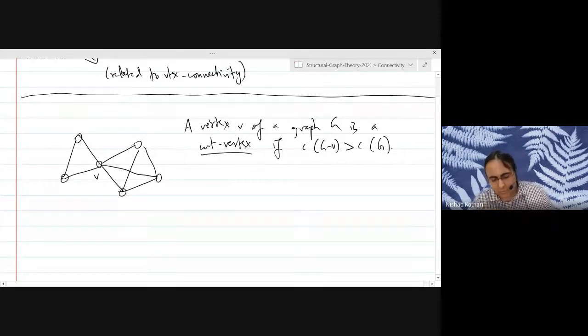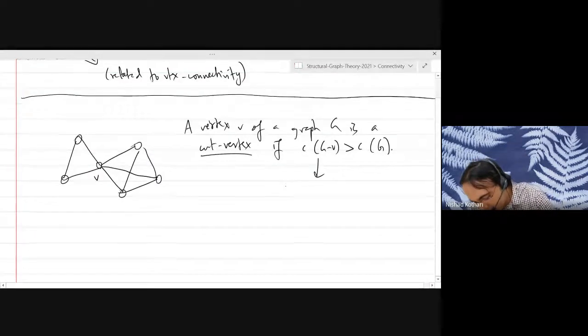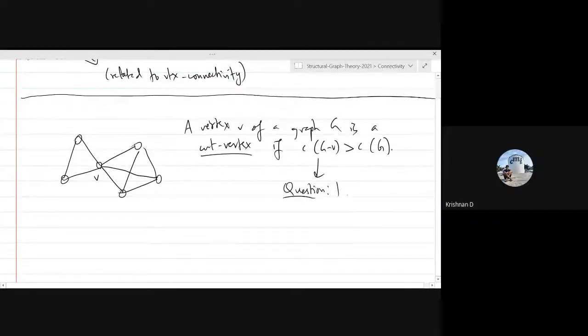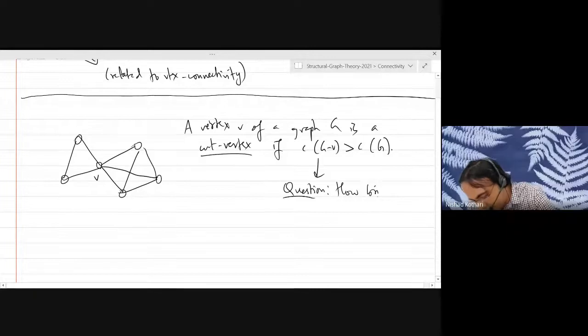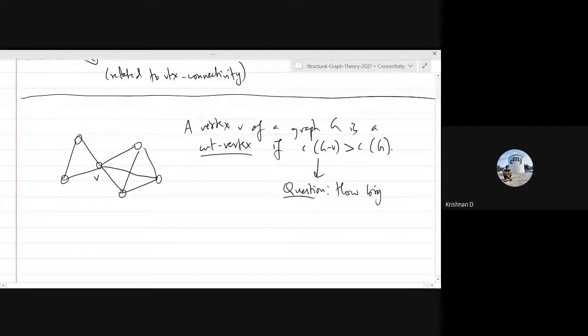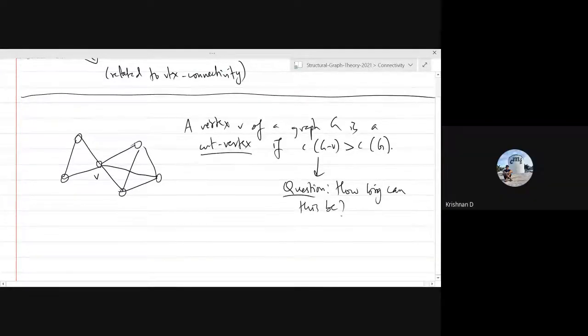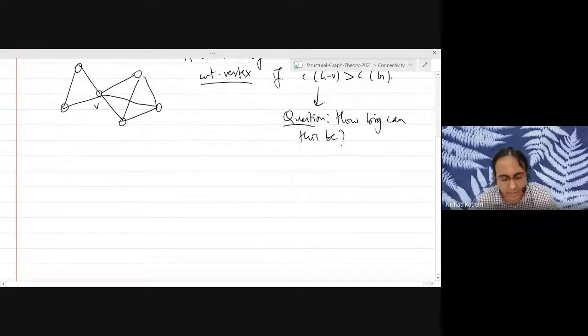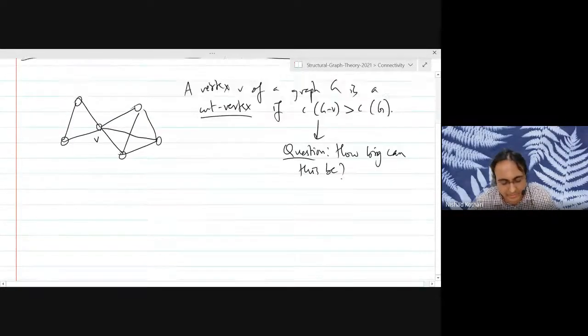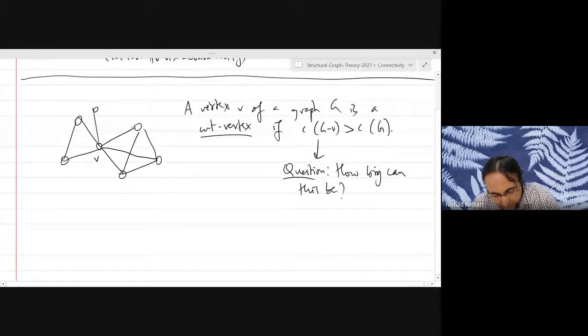How big can this quantity be? Degree of the vertex. Yeah, exactly. So you can't say here that you will get exactly 2 components because your graph could look like this. You could get 3 components. So unlike in the case of an edge, you can actually have arbitrarily many components upper bounded by the degree of the vertex, right?